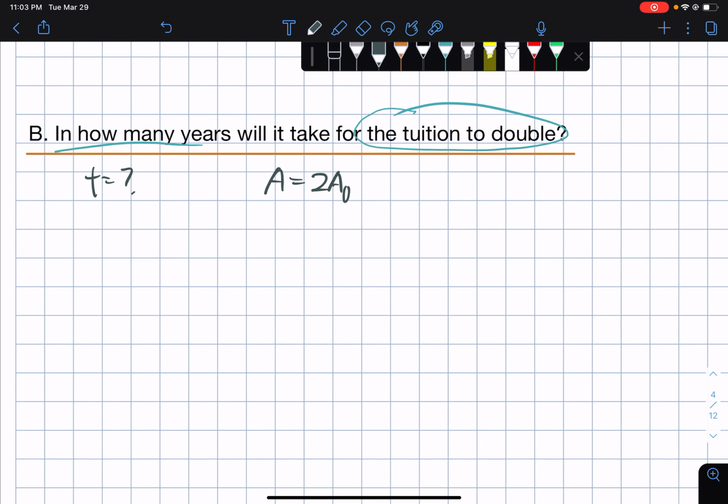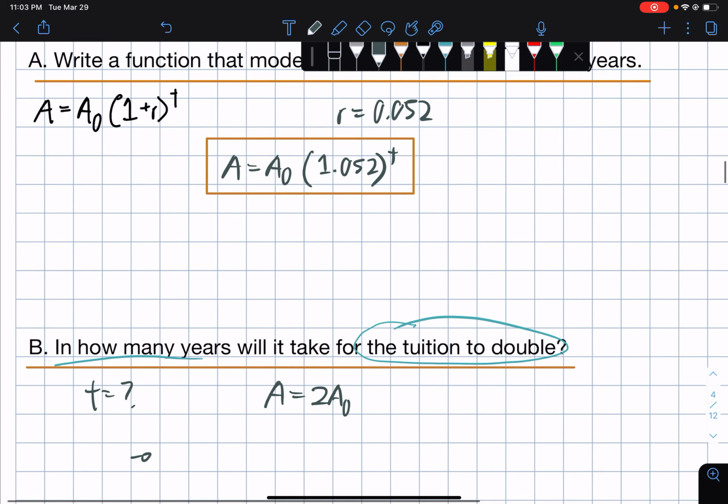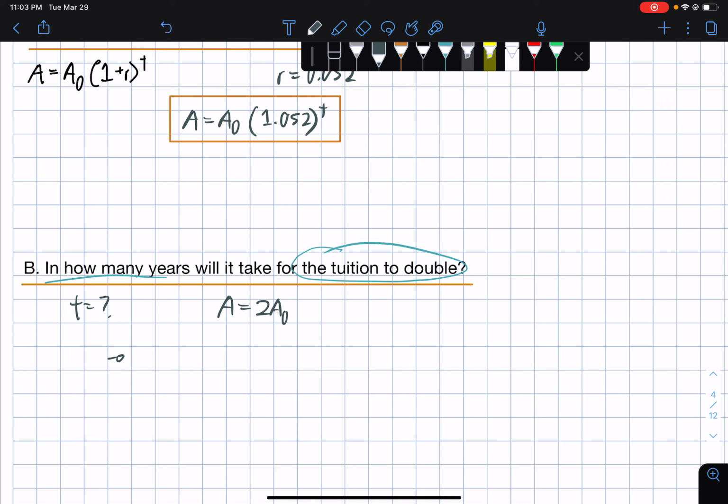So let's rewrite the appreciation formula. 2AO is equal to AO times the quantity 1.052 raised to t. We cancel AO, and we have something like this.